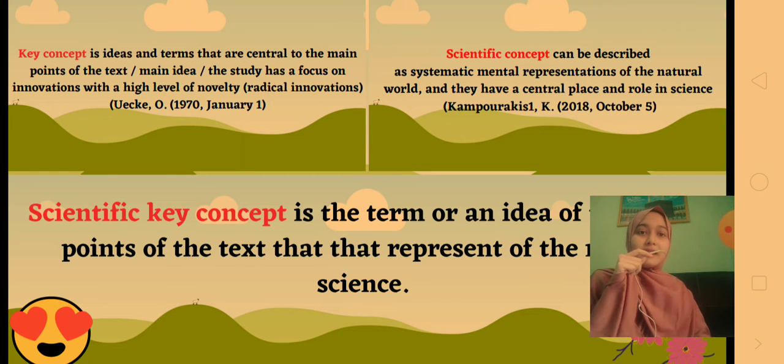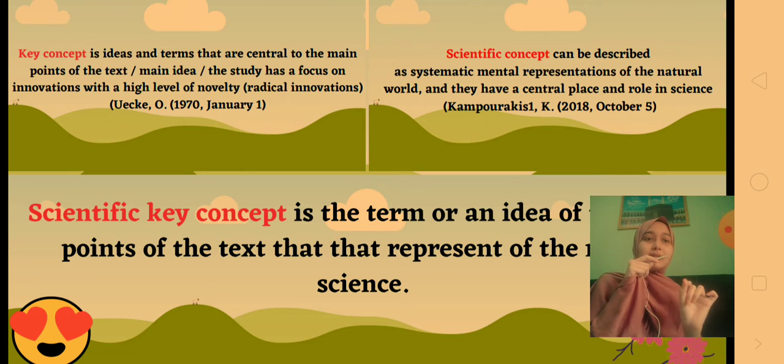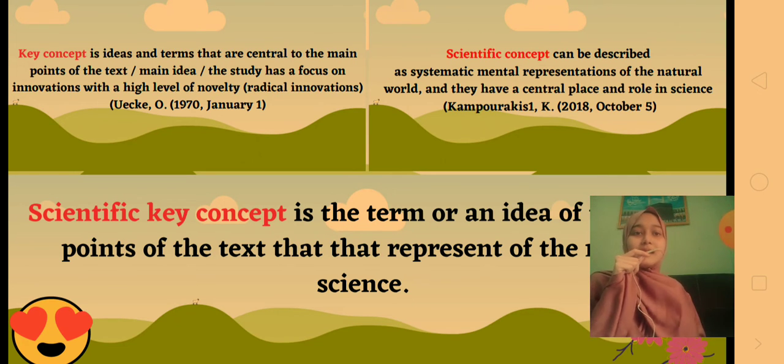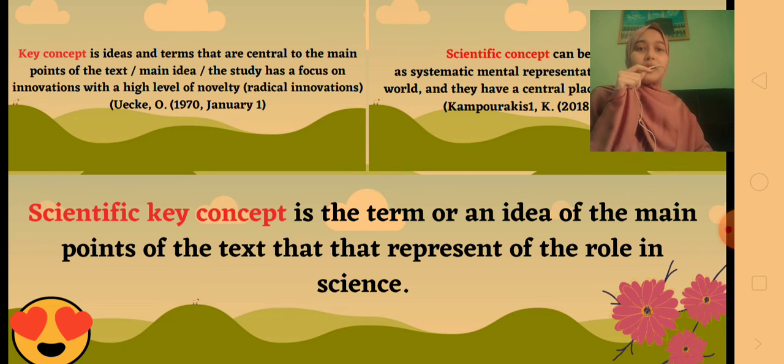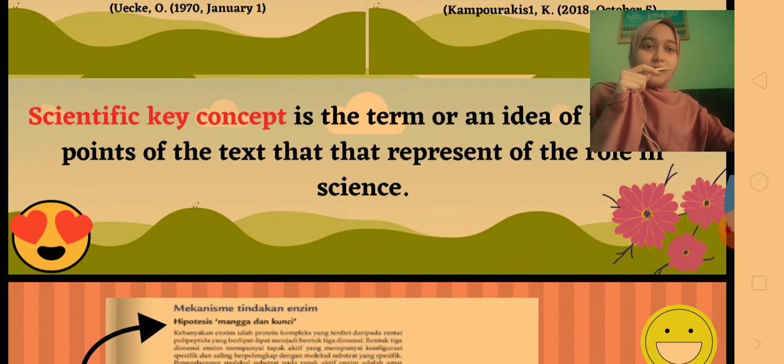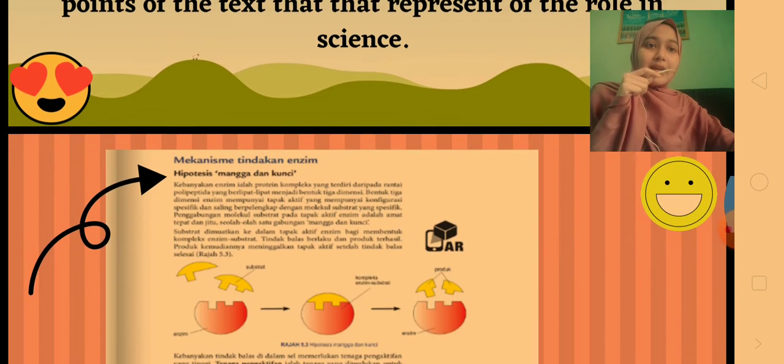The scientific key concept definition is the combination of the key concept and scientific concept, which is the term or an idea of the main point of the text that represents a role in the science. So let's move to the next slide.